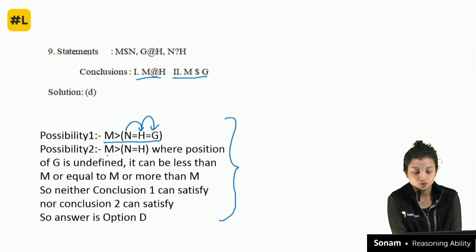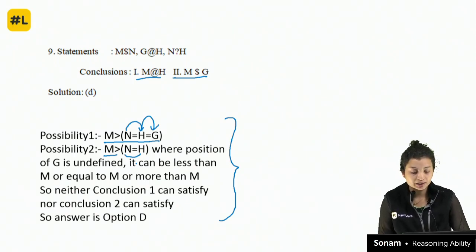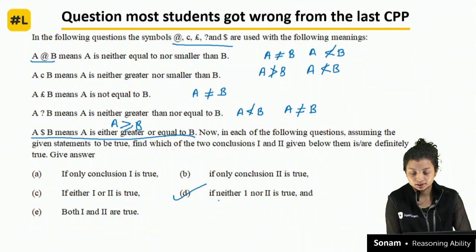And possibility 2, M is greater than N and N is equal to H. So the position of G is undefined, so it can be less than M, or equal to M, or more than M. That means neither conclusion 1 nor conclusion 2 will be satisfied, right? So our answer is neither 1 nor 2, correct?